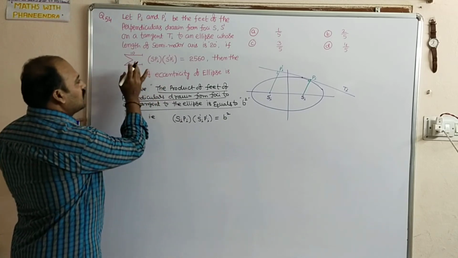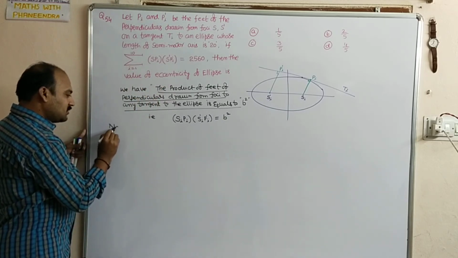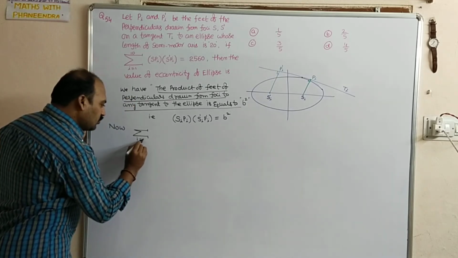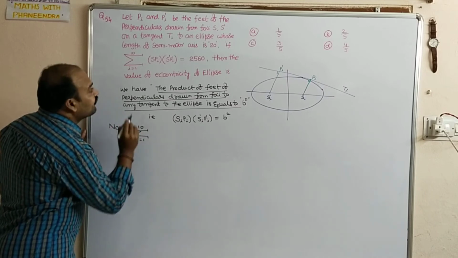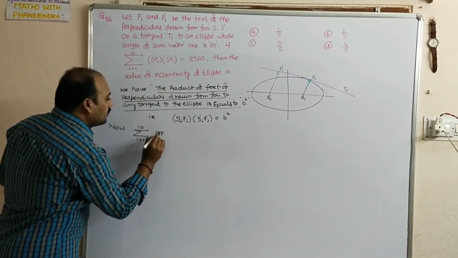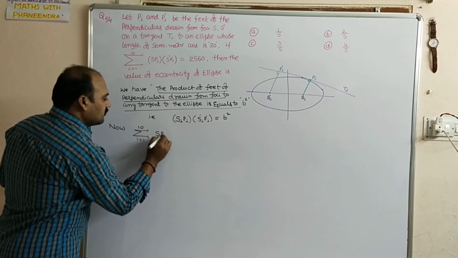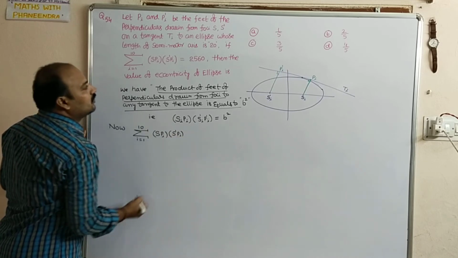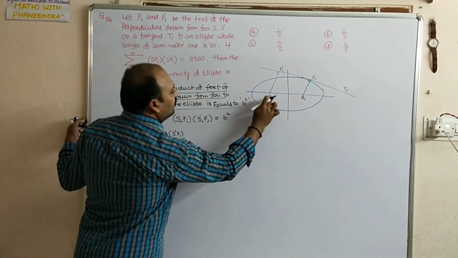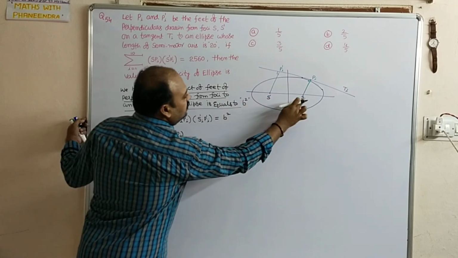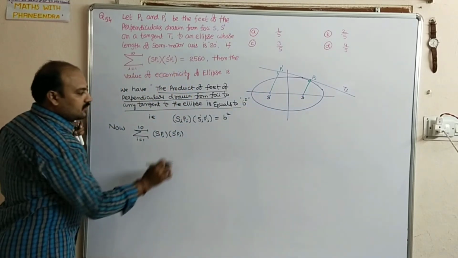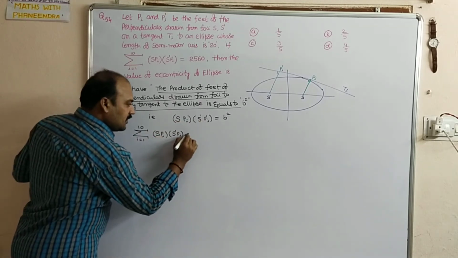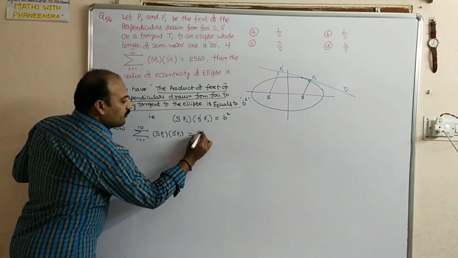After that, you can come to the question. Now consider sigma i equal to 1 to 10 of SPi into S dash Pi, only the foci S and S dash, is equal to 2560.